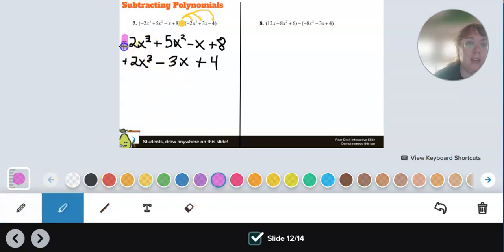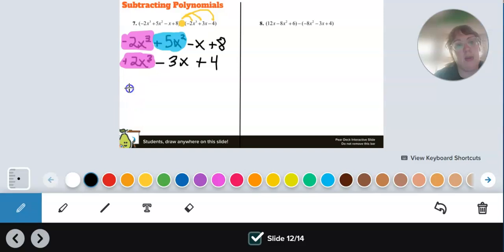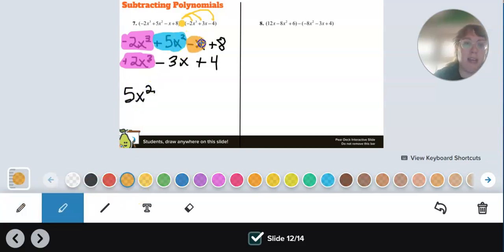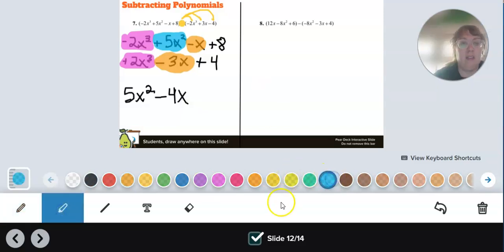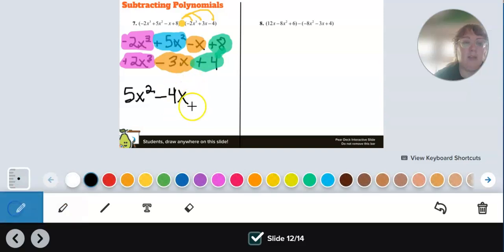Start to combine. A -2x cubed plus 2x cubed cancel out, and we actually have 0x cubed. Then we have a 5x squared, and that's the only x squared, followed by a -x and a -3x, which gets us a -4x. And then 8 plus 4 gets us 12. Beautiful.